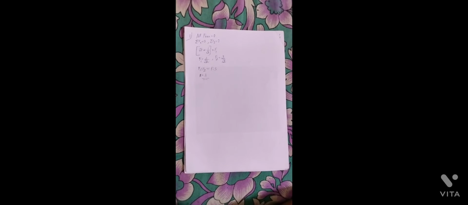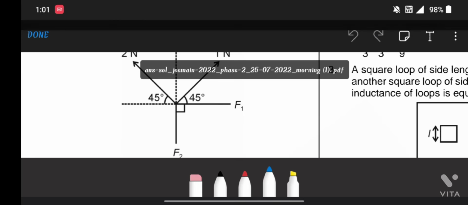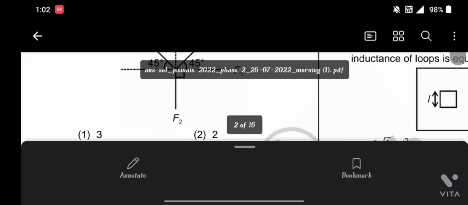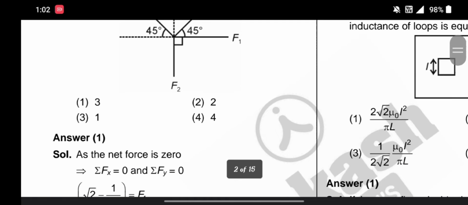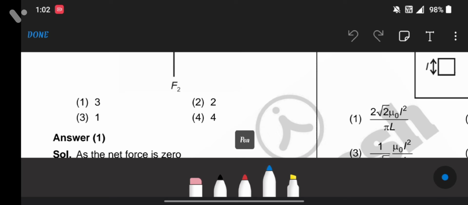Let us see the options now. As you saw, we solved the question. The options given are 3, 1, 2 and 4, and as you know we got the answer as 3. Here the first one is 3.